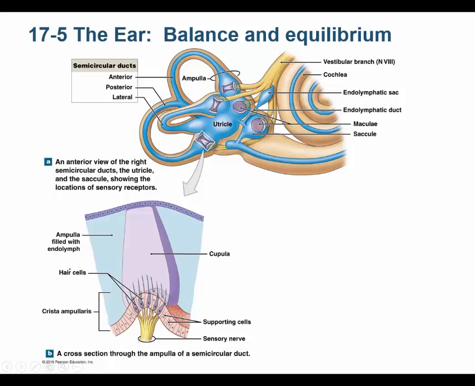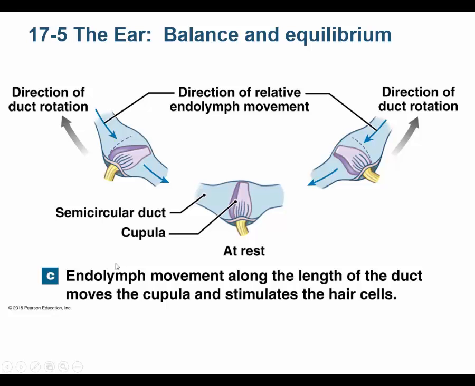So this is the cupula. It's going to bend and bend these hair cells, and I have a picture to show you that. Right here I have the picture. So this is showing you direction of movement. So the endolymph inside the semicircular canals is going to move. This is the endolymph flowing down. It pushes the cupula down right there. That's the cupula being pushed down. And when that cupula pushes down, it bends these hair cells.